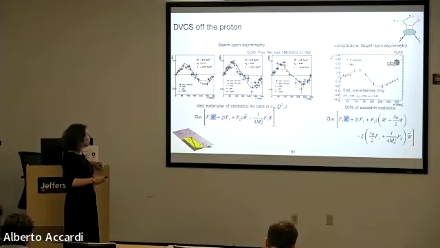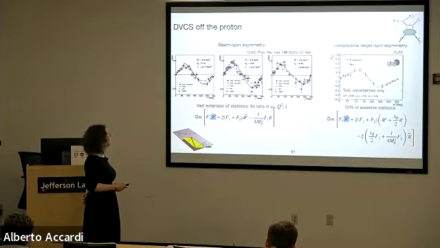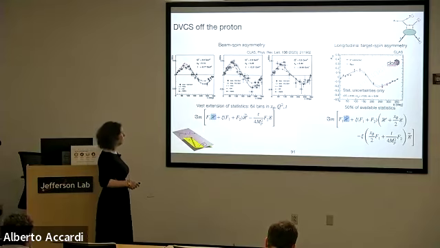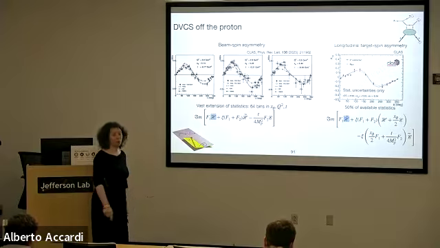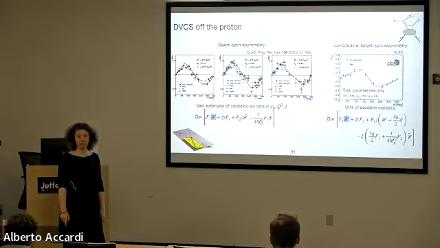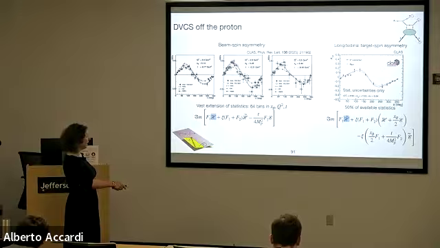And then on the other hand, you can measure longitudinal target spin asymmetries, and then you get access to different combinations of Compton form factors, thus of GPDs. And in this case, you actually mainly probe GPD H tilde. But you also have contributions from GPD H, E, and even E tilde.